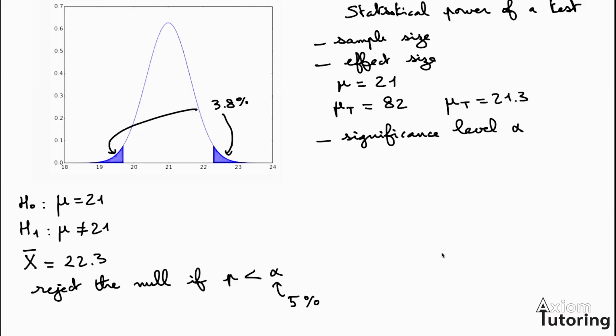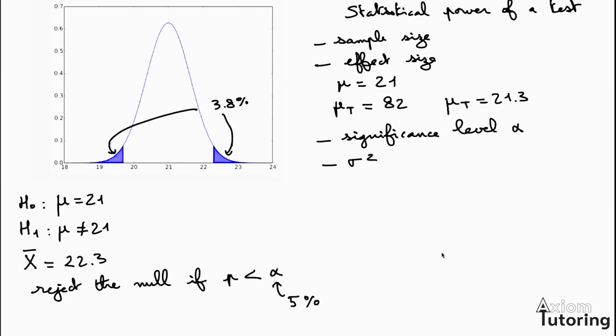But remember that when you lower the significance level, that will have a negative impact on the power of your statistical test. And then the variability in your sample, so sigma squared: if you have a lower variance, then you get more precise estimates, and that leads to higher power.